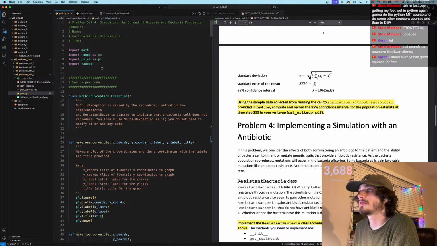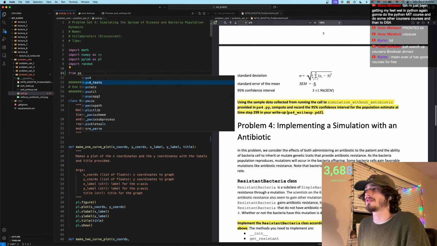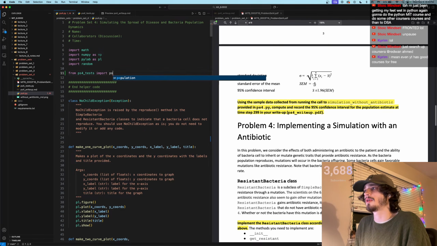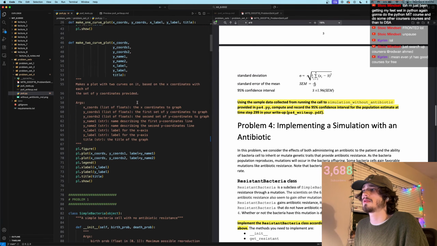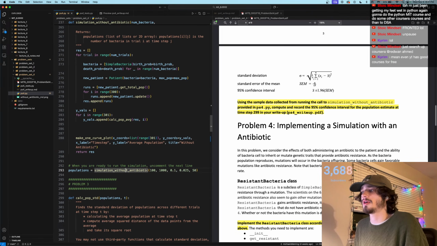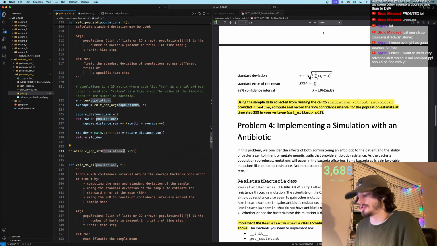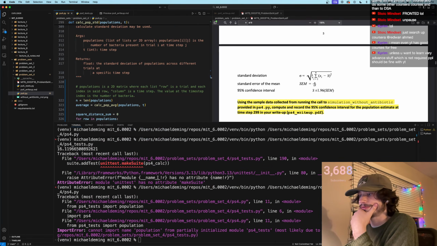So let me go like this. From PS4 tests, import population. And then let me go down here. I'll comment out this guy. And then let's put the population in here. And let's see if we get that standard deviation from that assertion. Cannot import name population, likely due to circular import.